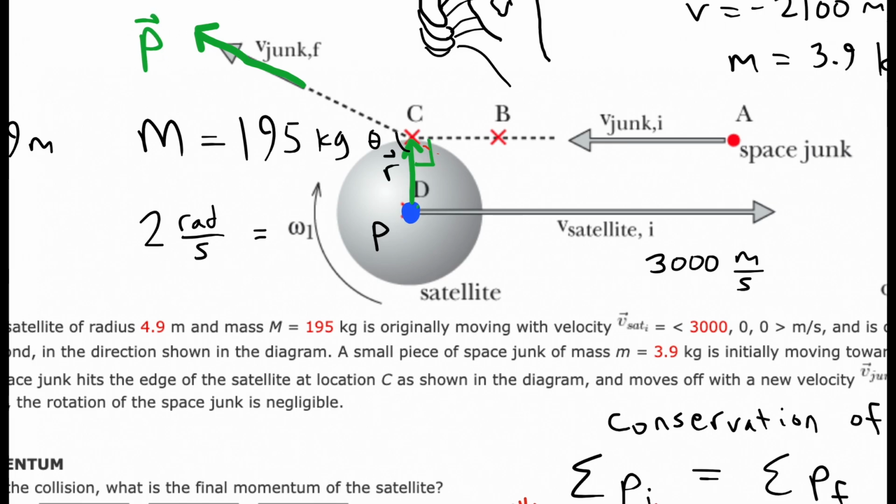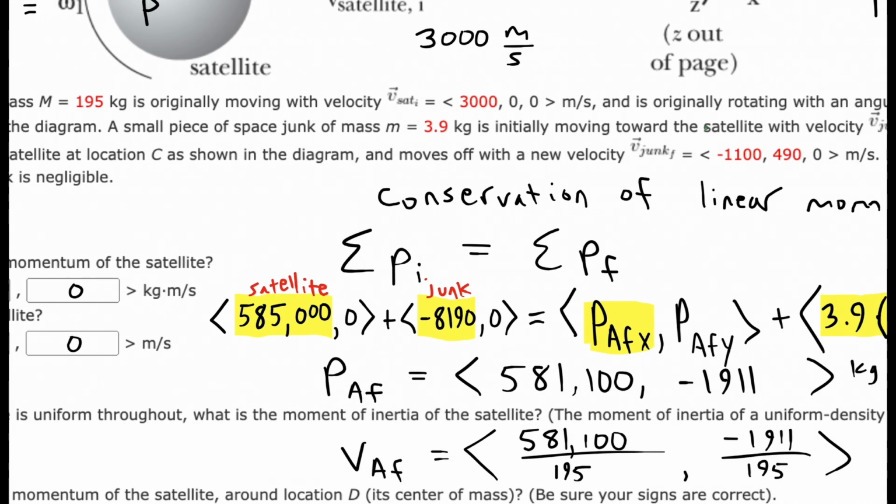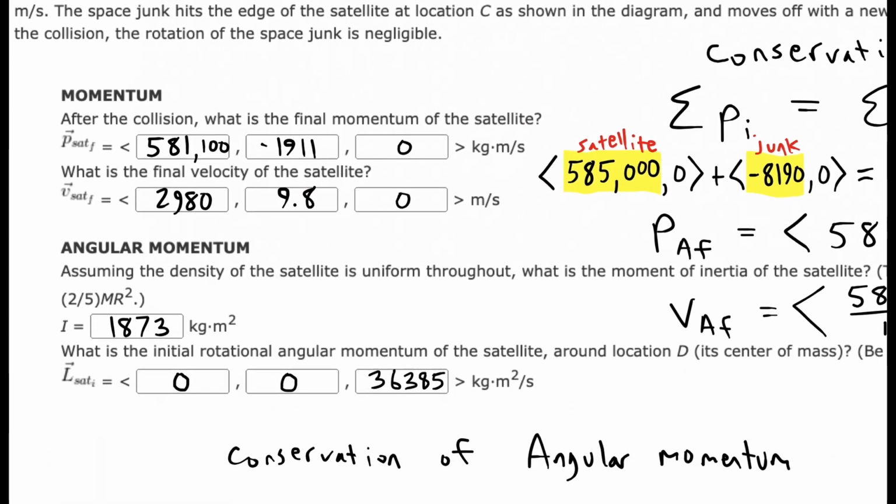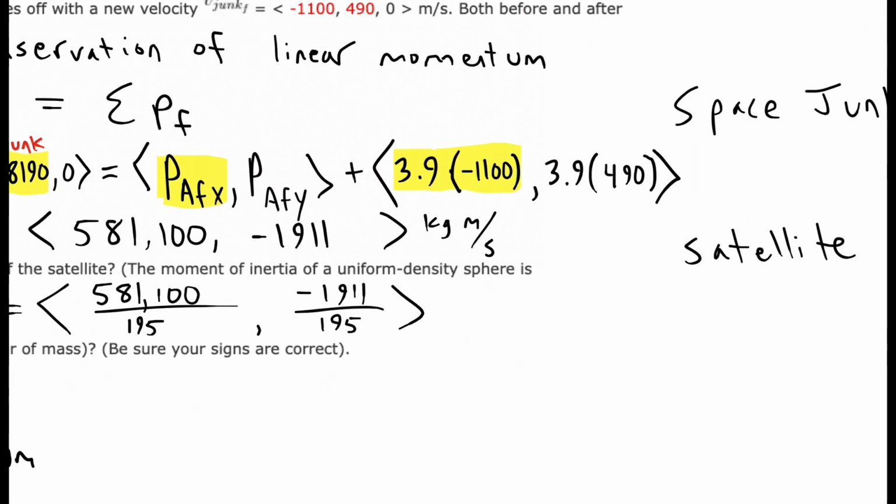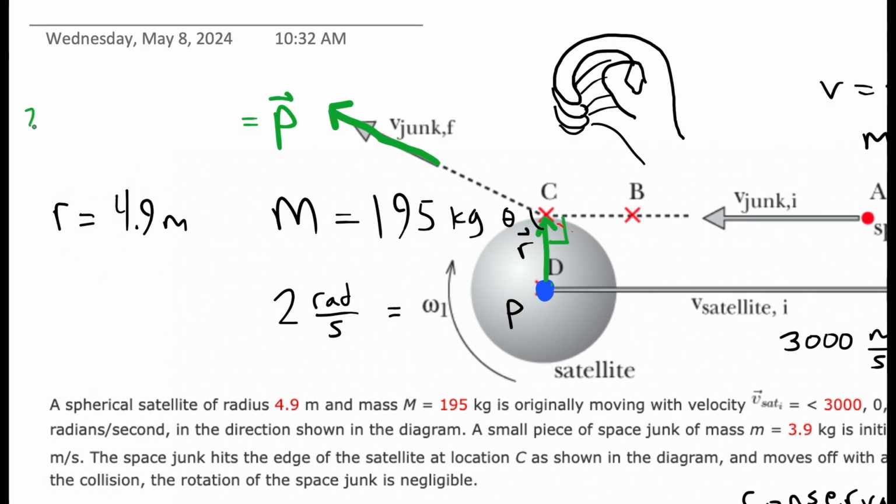We already know the final momentum of the junk. It was given earlier. Yeah, this was the final momentum of the junk: 3.9 times negative 1100 and 3.9 times 490. Let's simplify that. So we have the linear momentum of that junk. We can also put this R vector into component form.